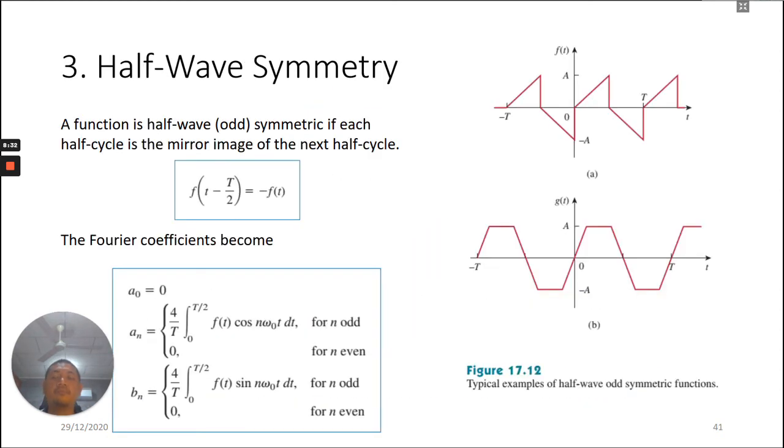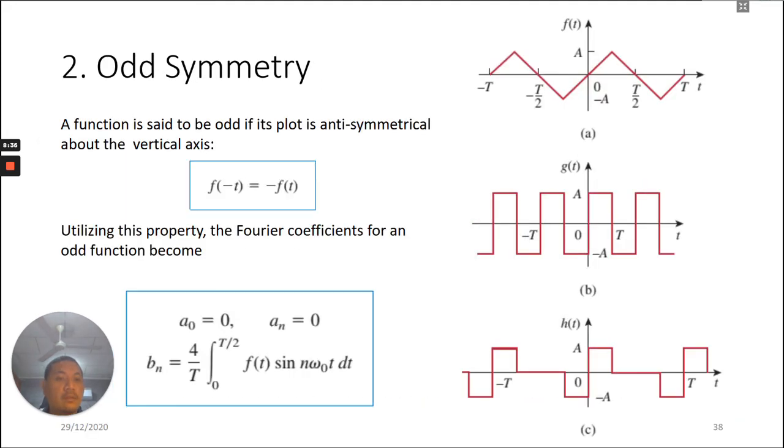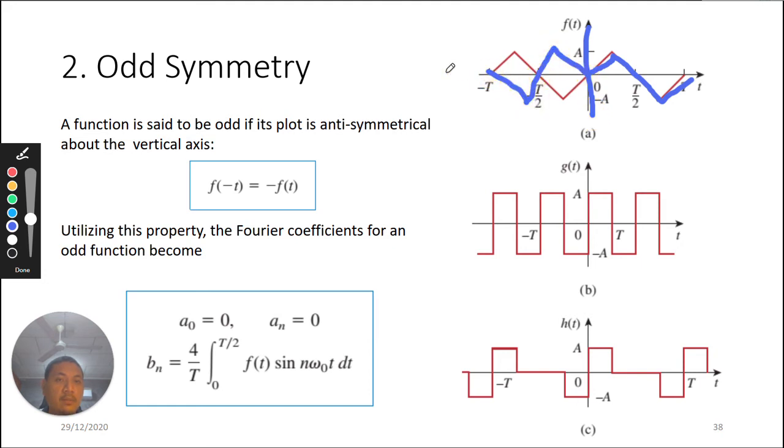And then next is half wave symmetry. Do we have other examples? Okay, let's look at other examples of odd symmetry. Here we have discussed that this is the waveform. If you fold here, you will get this, and then fold here, you will get this, which is now an odd symmetry.